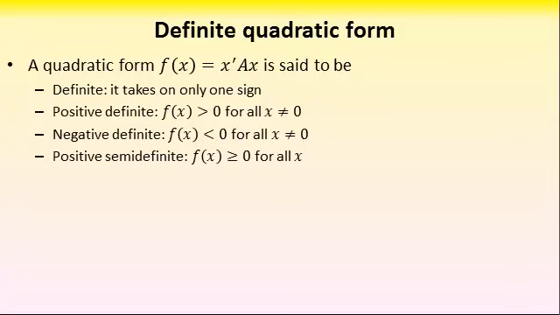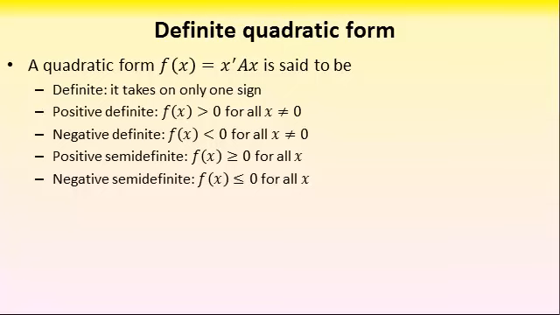We say that it's positive semi-definite if f of x is greater than or equal to 0. In this case, you may be able to find a non-zero x for which the function is 0. And negative semi-definite if f of x can never be greater than 0.